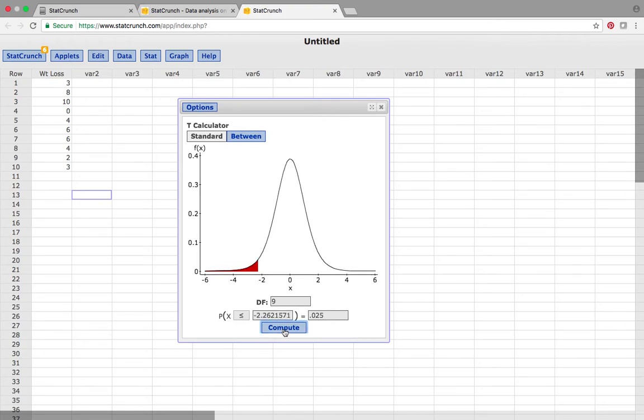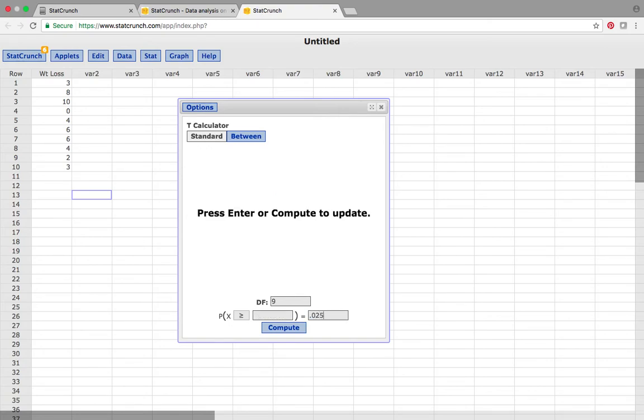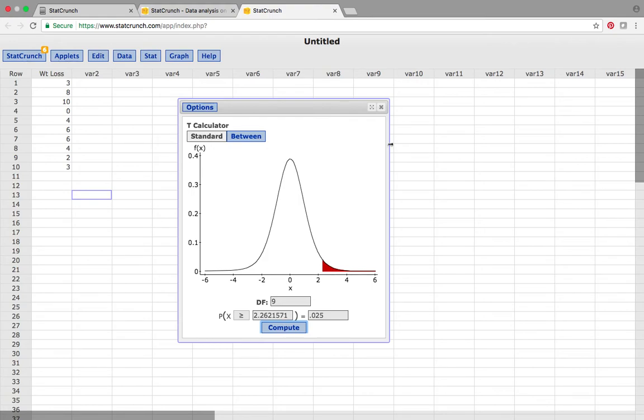So the left is negative 2.26. And for reasons that I've talked about in previous videos, the right would have to be positive 2.26. So we could do it this way, greater than 0.025, because we want that in the upper tail. Compute, and you can see we get 2.26.